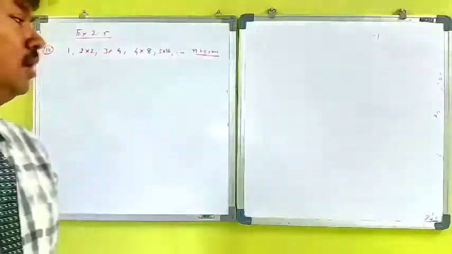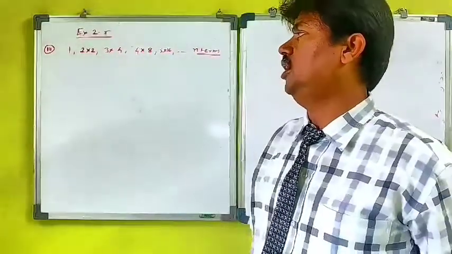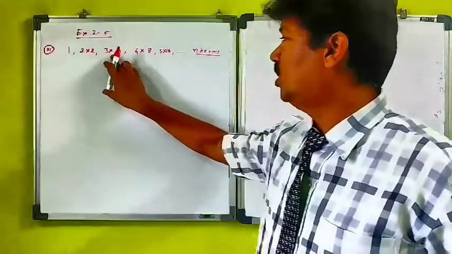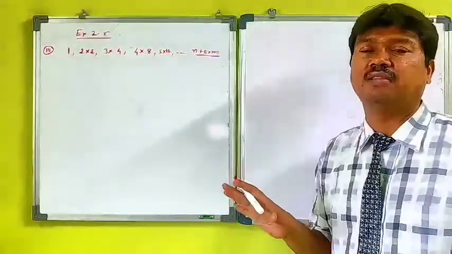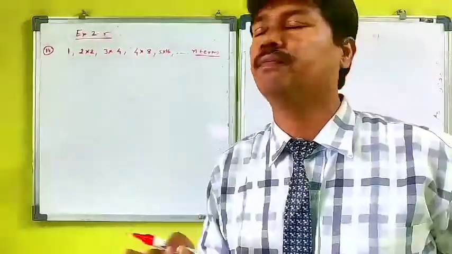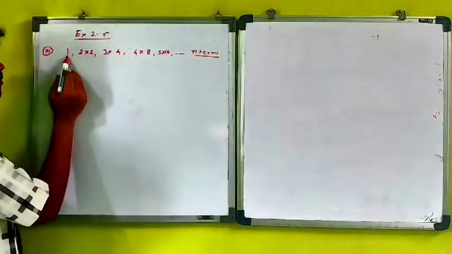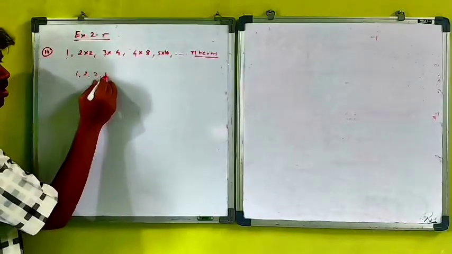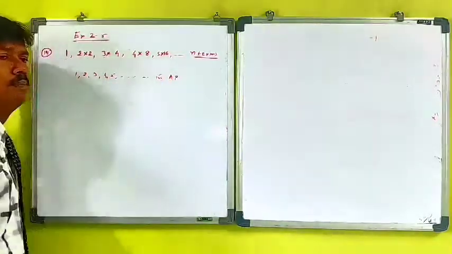Okay. The next question, question number 3. So 1 as it is, the next is 2 into 2, 3 into 4, 4 into 8, 5 into 16. The question is find the sum of n terms. Now, clearly, if you observe the first factors 1, 2, 3, 4, 5, they are in arithmetic progression.